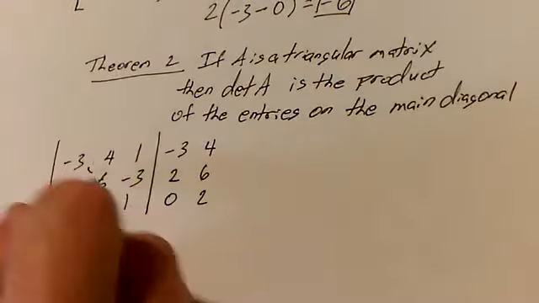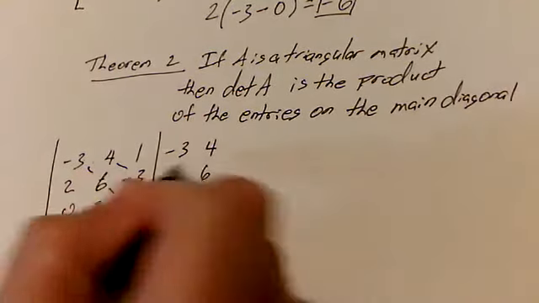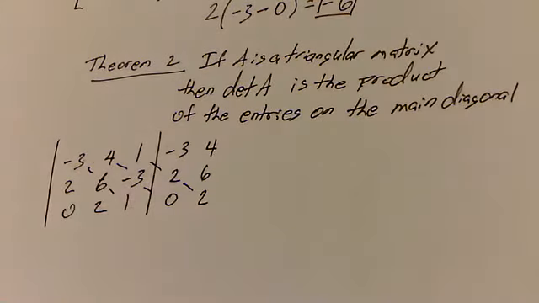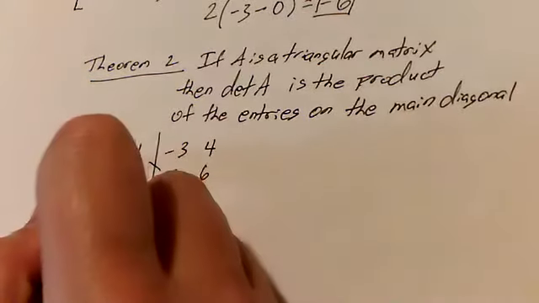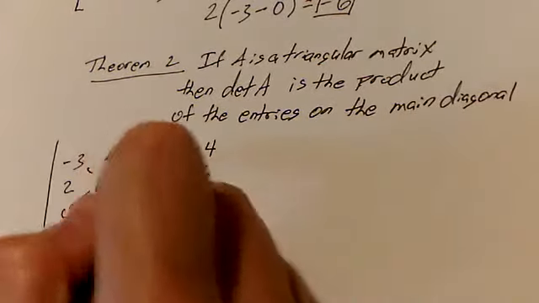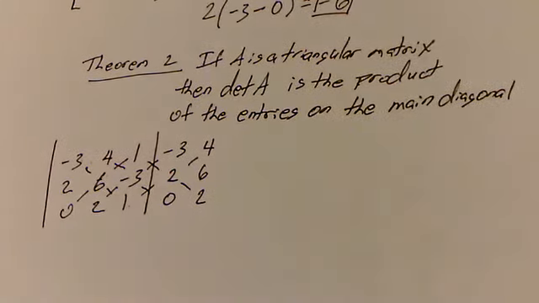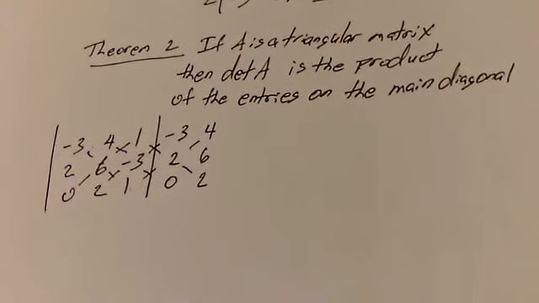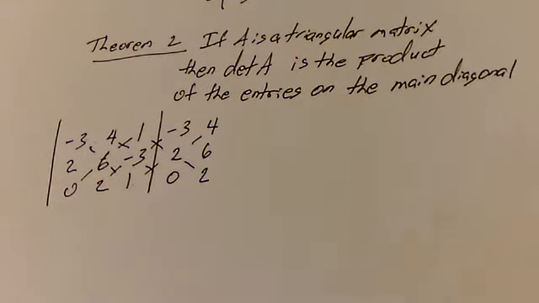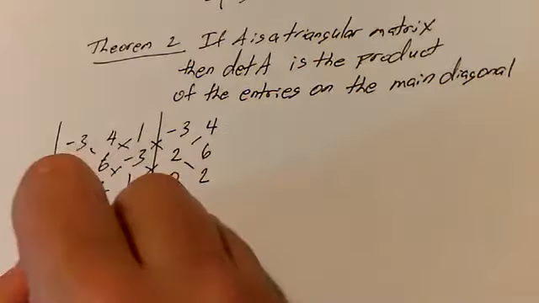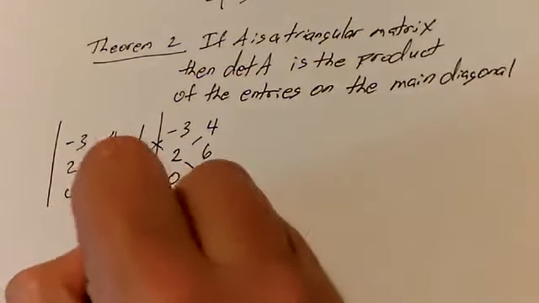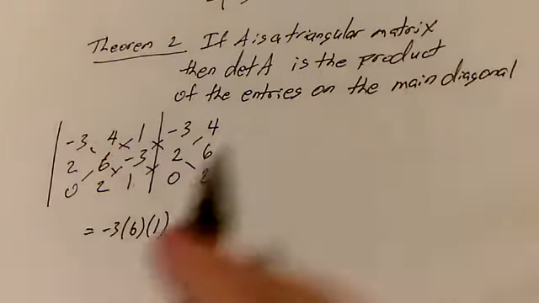So what I'm going to do is multiply down these diagonals. Each one of those is going to be positive. And then I'm going to come back the other way, just like I did for a 2 by 2. So I'm going to multiply on the diagonals and then subtract on the backward diagonals. Down this main one here, I'm going to have -3 times 6 times 1.